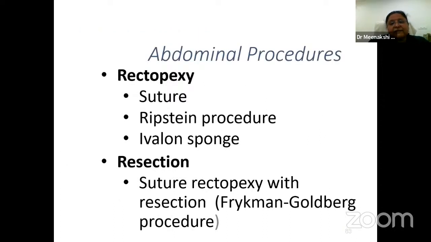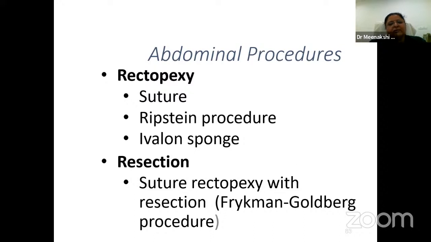Then what are the various abdominal procedures, and which is the most commonly preferred option? There is rectopexy or resection with rectopexy. Rectopexy means we are just doing mobilization of the rectum and fixing of that rectum either with suture, or with some mesh, or with Ivalon sponge.